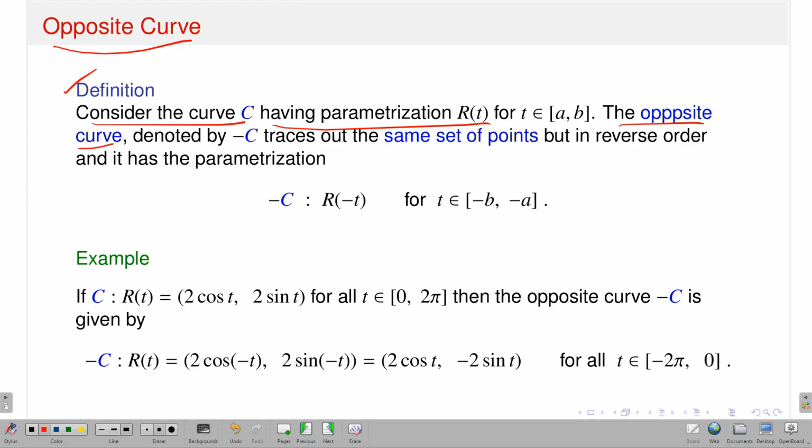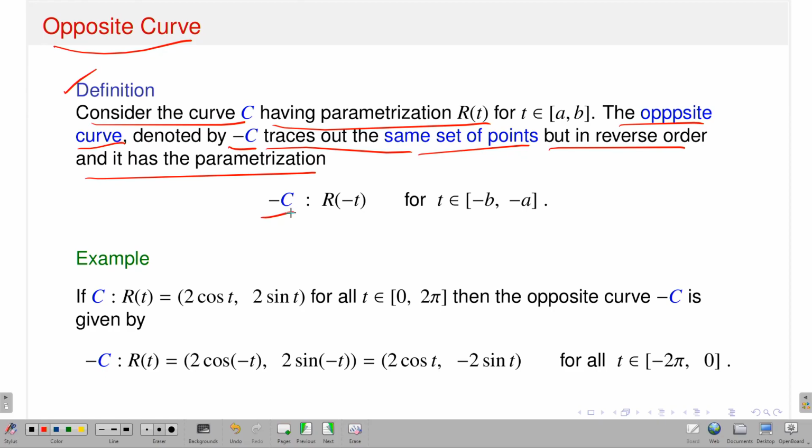The opposite curve, which I denote as minus C, traces out the same set of points. That means given C with parameterization capital R, the points traced out by R are also traced out by minus C, but in reverse order, and minus C will also have a parameterization. What is that? I am writing that parameterization in terms of the parameterization capital R of the given curve C. So that is what I am writing.